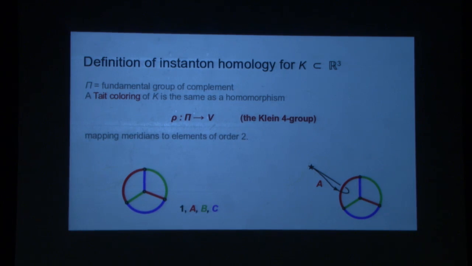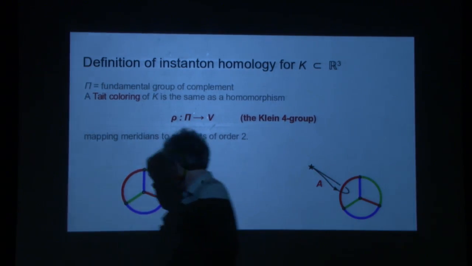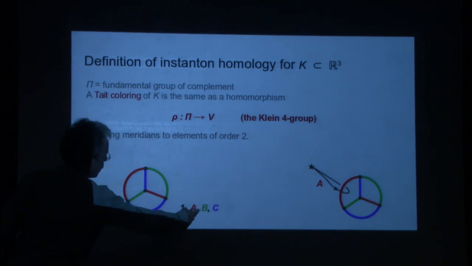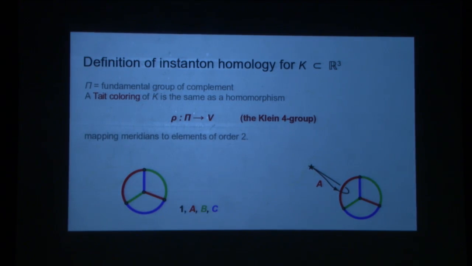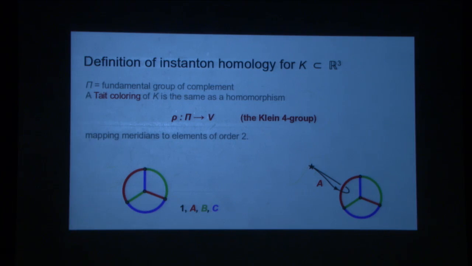Their product is 1, and that's reflecting the Tate coloring condition that the 3 colors at each vertex be 3 distinct colors. That's the only way that you can have the product be 1. So the relation in pi that the 3 meridional loops multiply to 1 is exactly the Tate coloring condition.